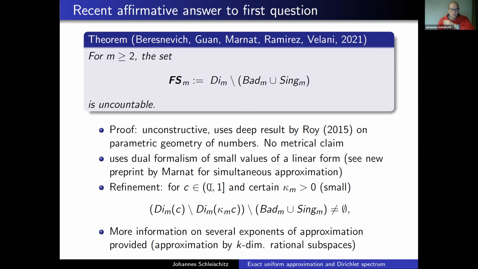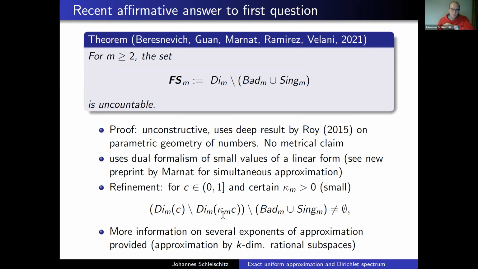Mahler did something in this direction, and German, in 2012 or 13, had a bit of an improvement. It's a transference result which gives you a type of result like I stated in the refinement.